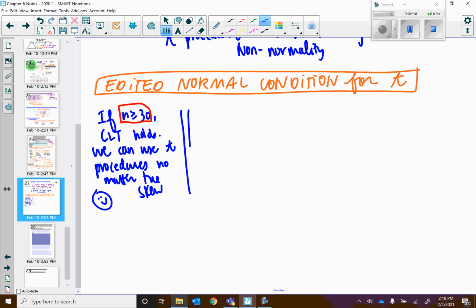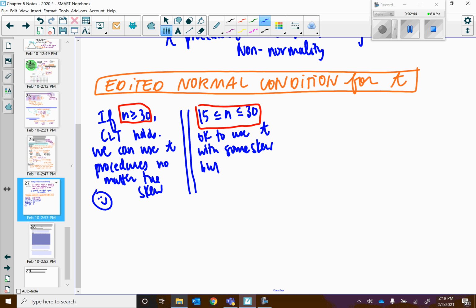What if our sample size is between 15 and 30? If this is true, we can still use our T procedures if we have some skew. So it is okay to use T with some skew, but no outliers.